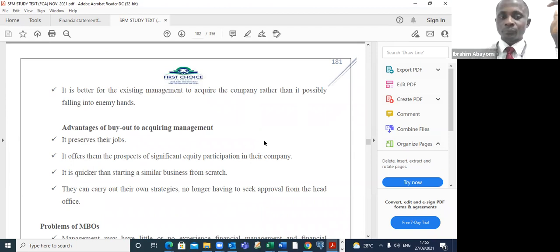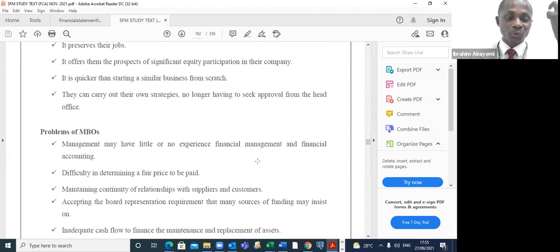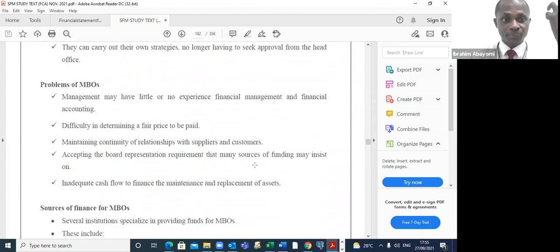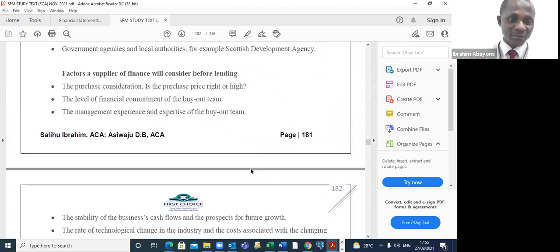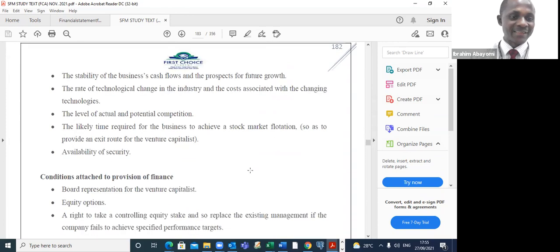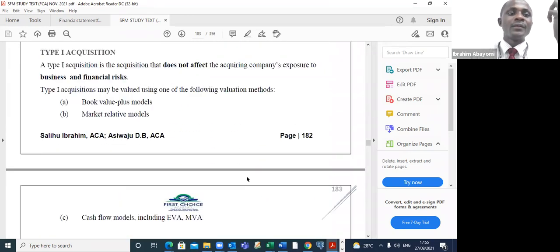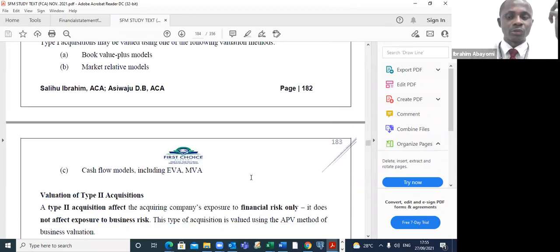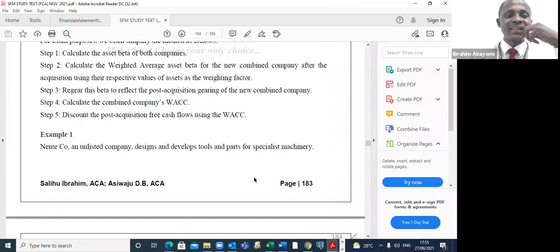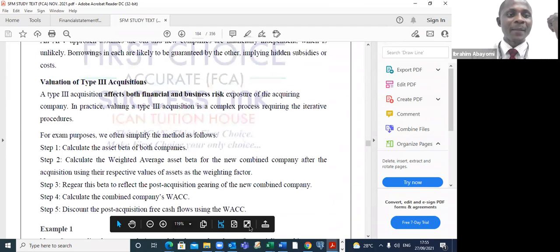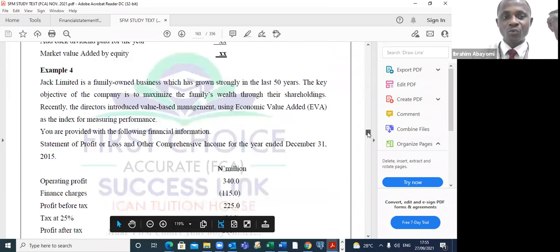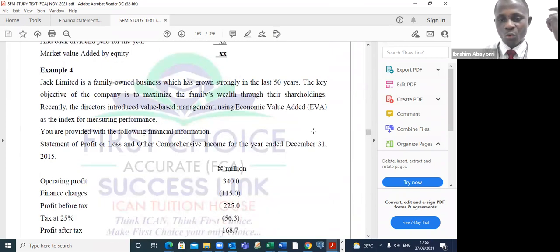So we're going to see the approach is very simple. You just have to understand the principle and then apply it, and you'll be good to go. Now, what do you mean by business valuation? Business valuation simply means obtaining the market value of a company's share or the total market value of a company as a whole.